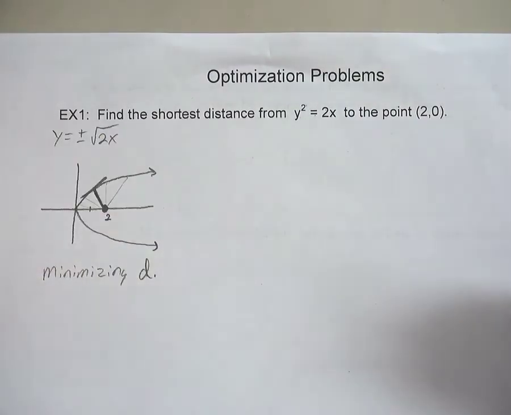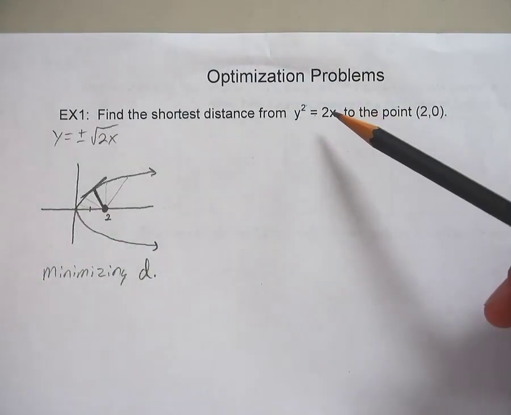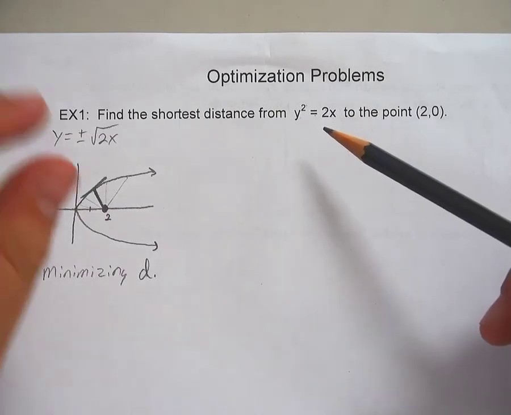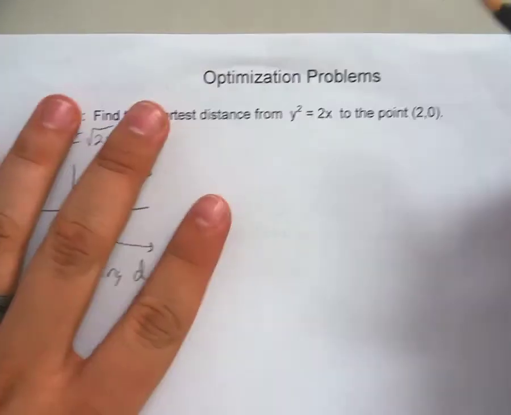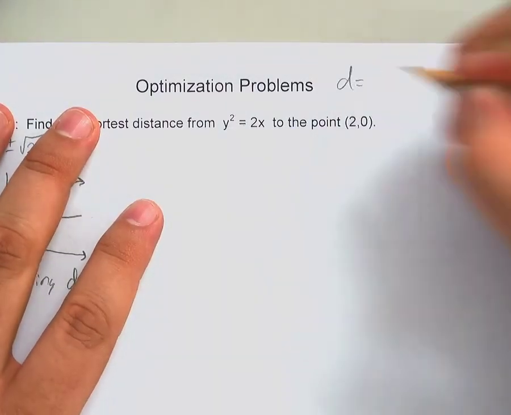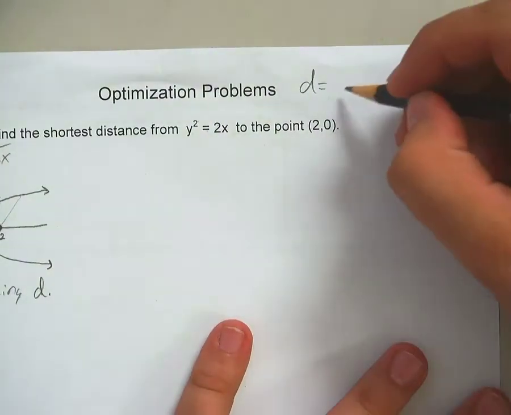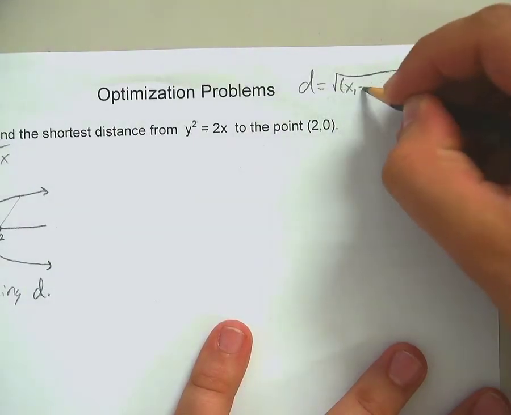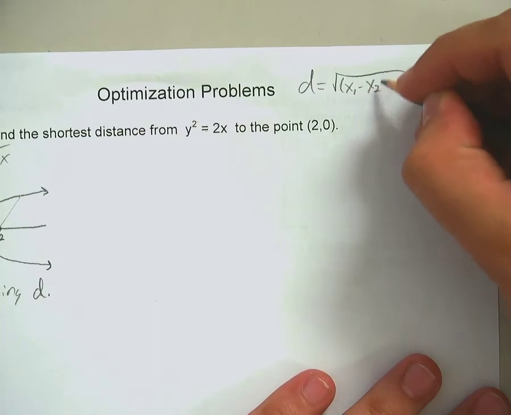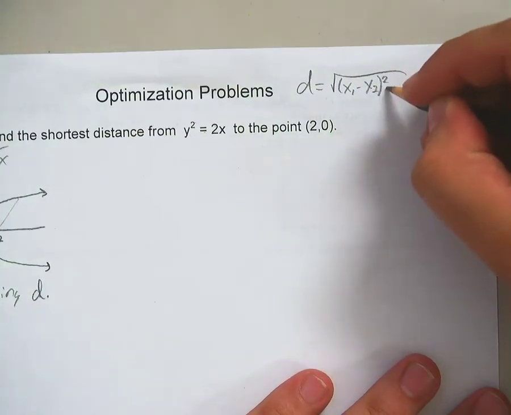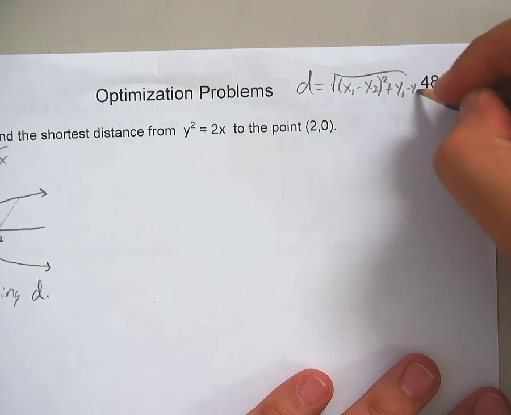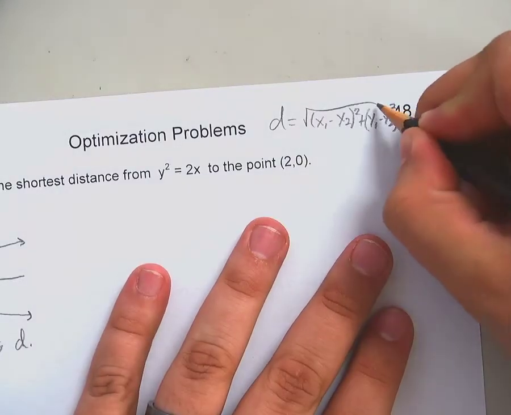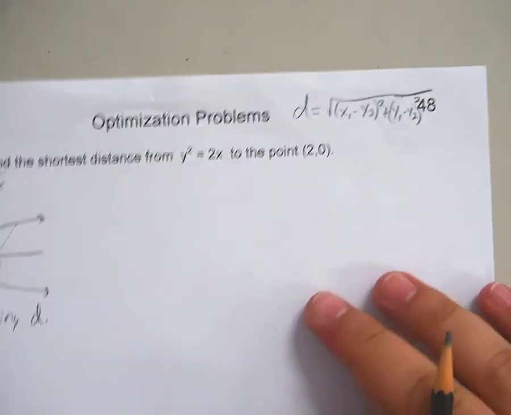Now, to take a derivative, you need an equation. I'm trying to find the minimum distance, so I need a distance equation. Something like you learned back in algebra: the square root of x1 minus x2 squared plus y1 minus y2 squared.